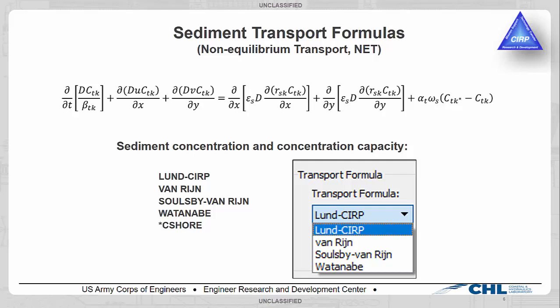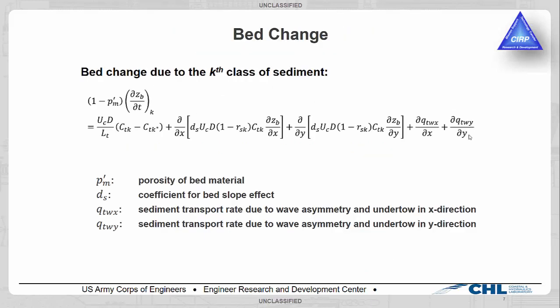Right now, the default formula is Lund-CIRP. Sometimes we check Van Rijn and Soulsby-Van Rijn to compare results and select a proper one for the project.